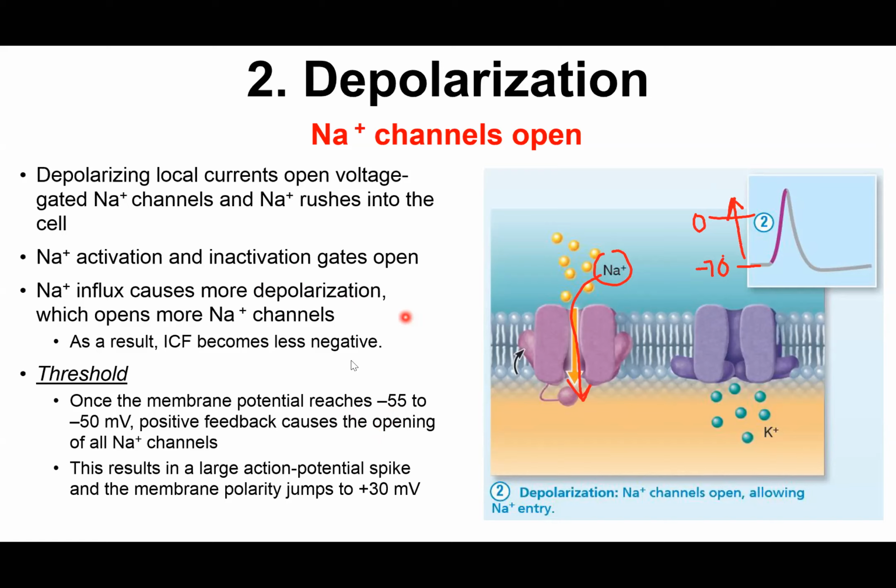Because we decide to open up all of the sodium channels, that's going to result in this really large action potential spike, and the membrane polarity jumps all the way to 30 millivolts.